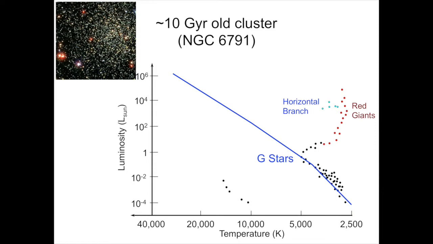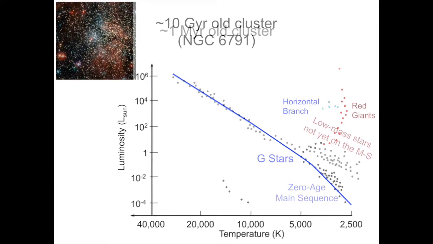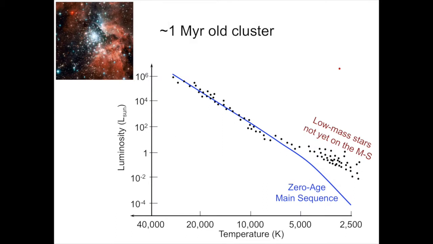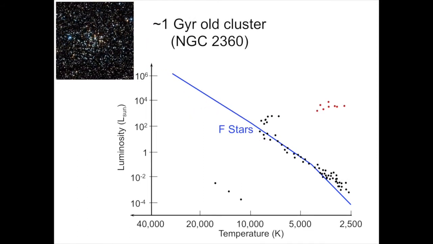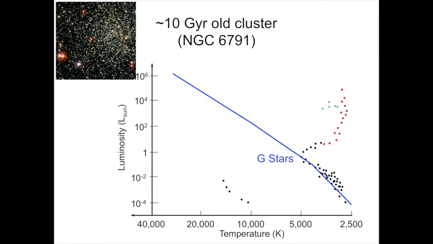The effect, as we've seen through these different slides, is of the main sequence peeling away. Let's go back through the sequence very quickly. At 1 million years, you have a well-defined high-mass main sequence, and as you age, it slowly but surely peels away the main sequence until you're left with only the lowest mass stars in the main sequence, and all the high mass stars have evolved away.